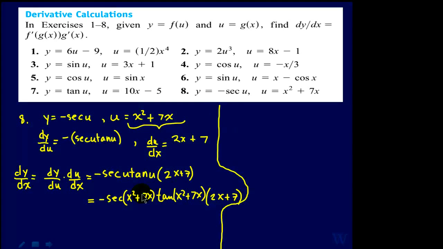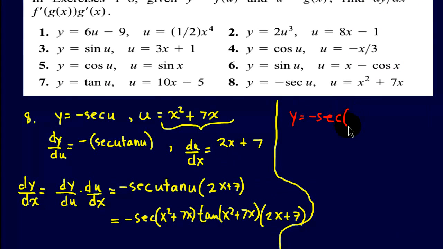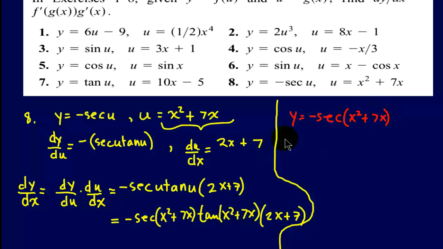Okay. Again, let's use the other method. So what we'll do is go ahead and apply directly your composition so that y is equal to the negative of secant of, what is u? x squared plus 7x. So taking the derivative of y with respect to x, look at the big picture.